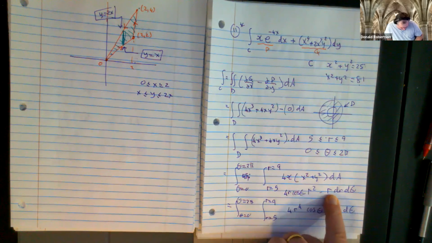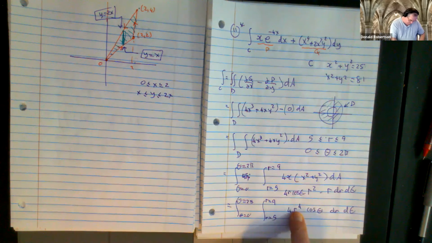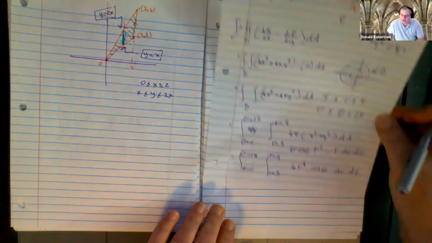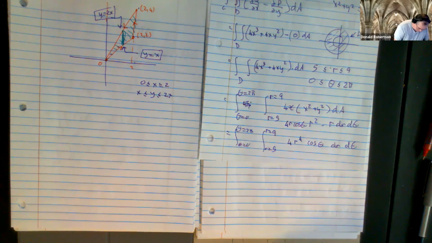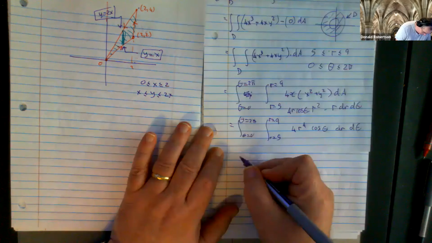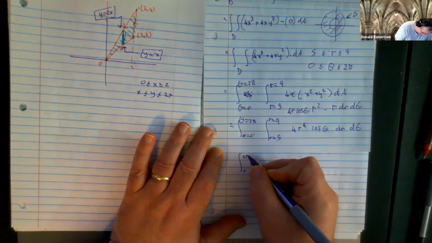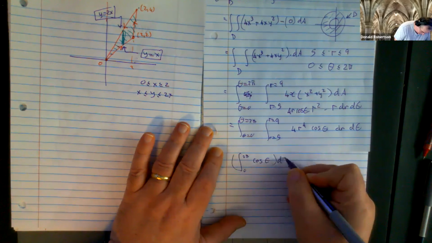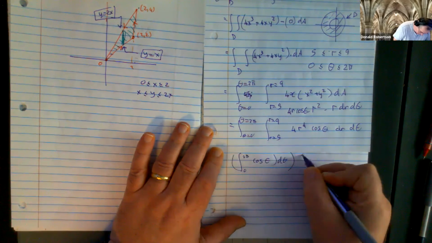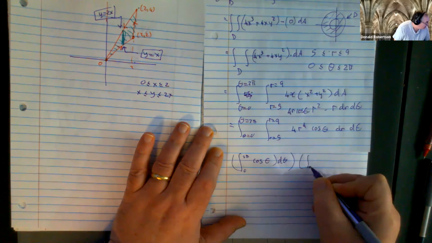That's this bit, cosine. Okay, that one's good to go. That actually is quite nice, isn't it? Can't you separate them out? If you do the separation, it's 0 to 2 pi of a cosine function, and then from r equals 5 to r equals 9.